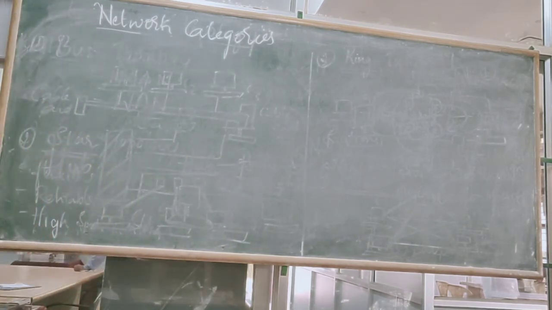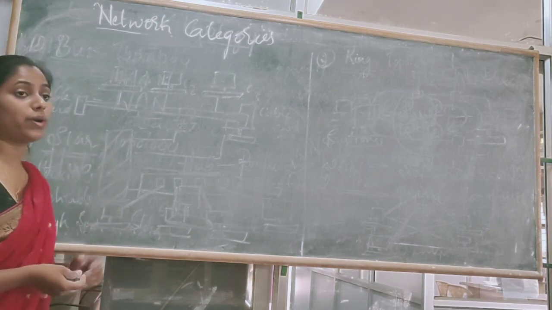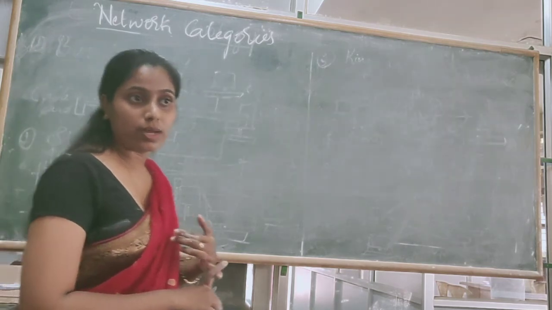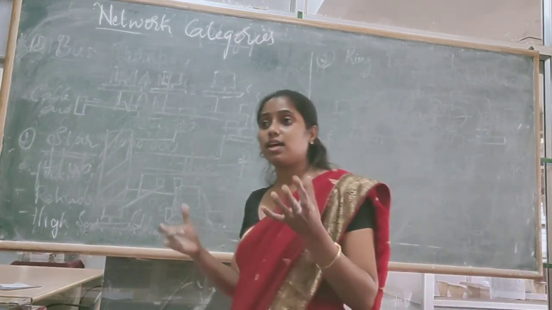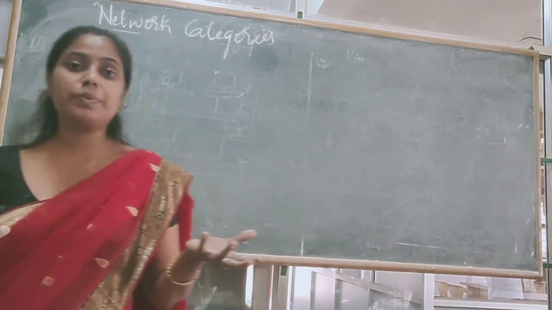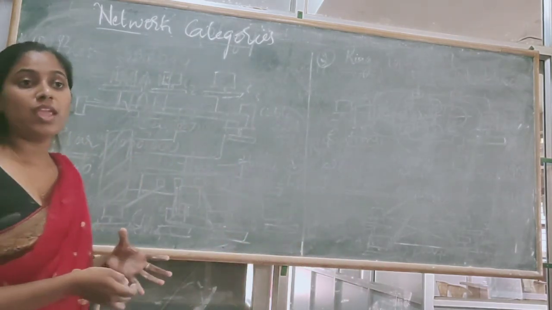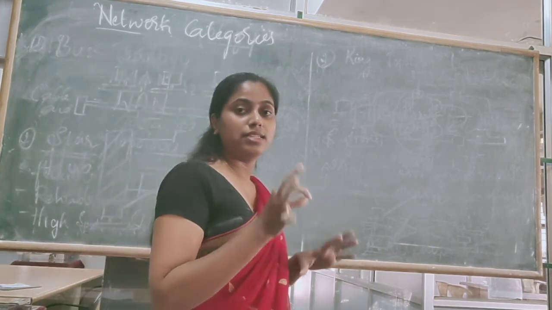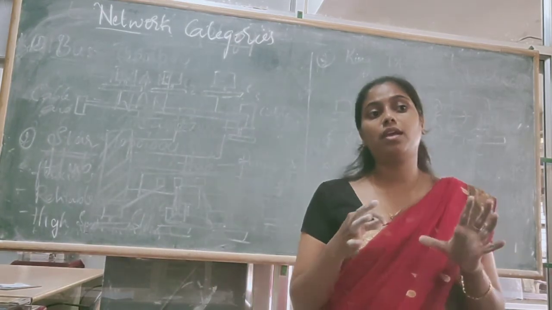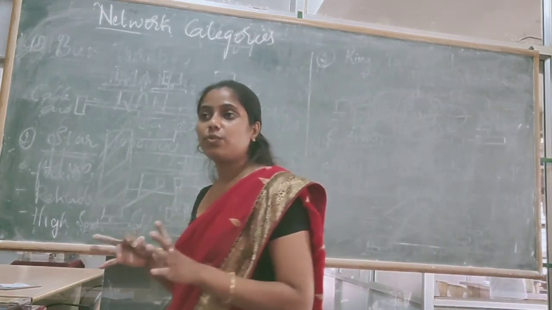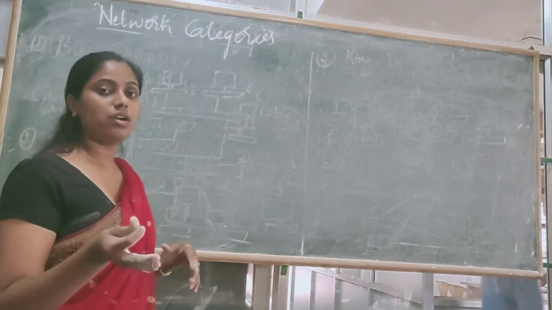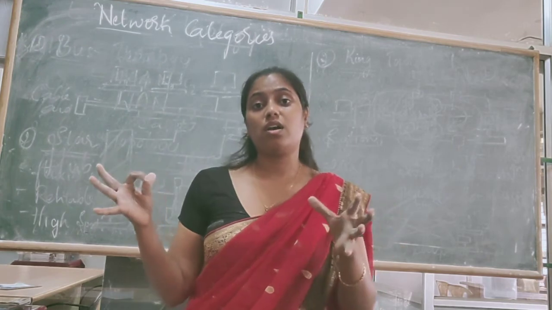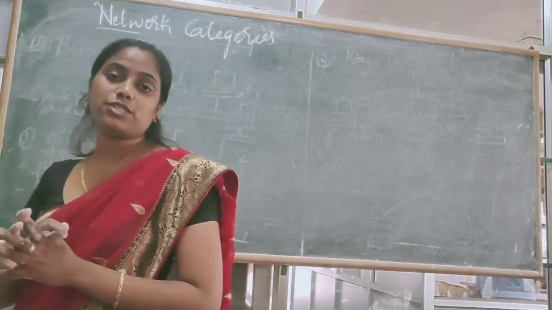So I think you are clear about the LAN, MAN and WAN, the three categories of network. LAN means local area network. It is a privately owned network. It can be as simple as two PCs connected to a printer, in someone's home, or it is associated with small areas like home or classrooms or college, offices or something like that.